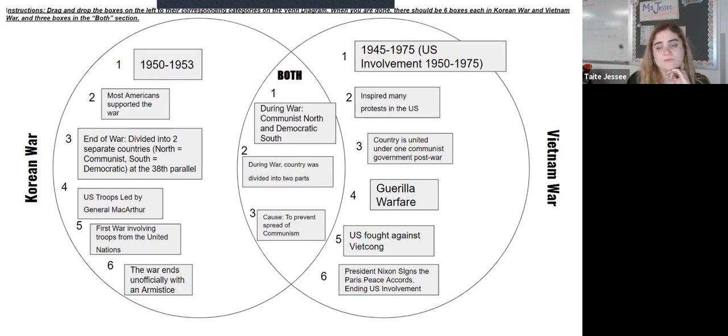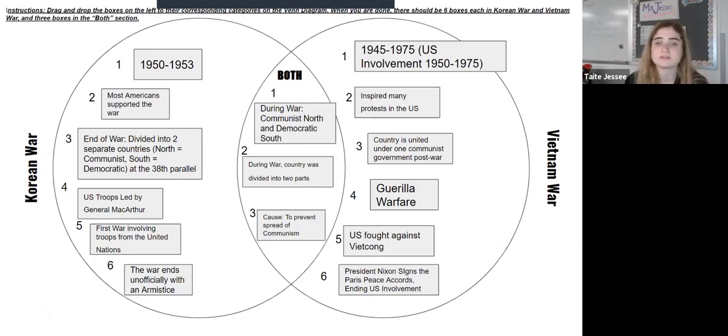Okay, so hopefully the major things you picked up here, things that you really need to remember, Korea is a much shorter war than Vietnam. They do start around similar times, or US involvement starts around similar times. The Vietnam War is very controversial.